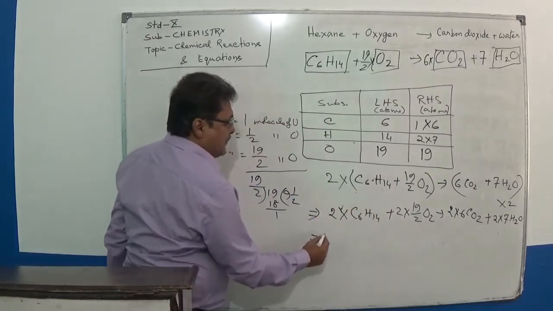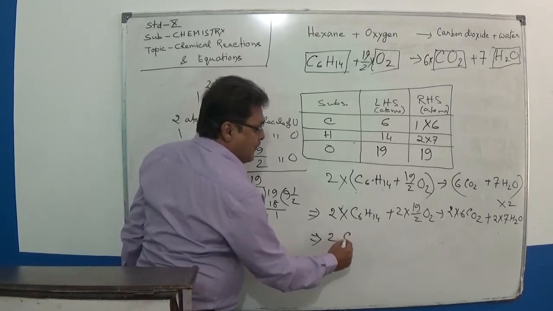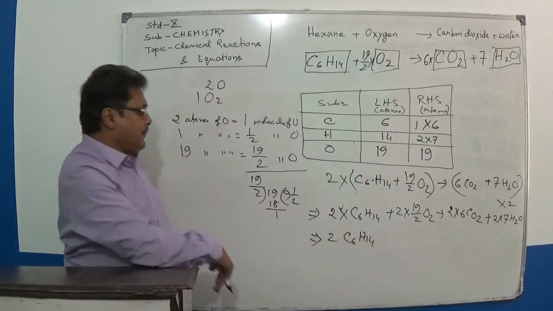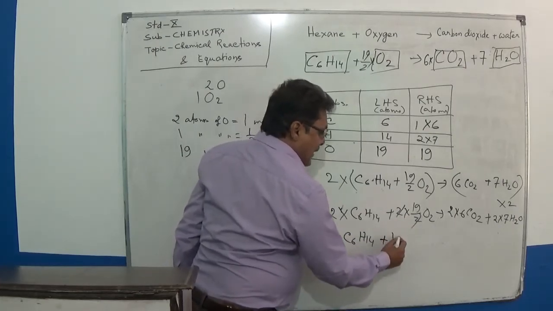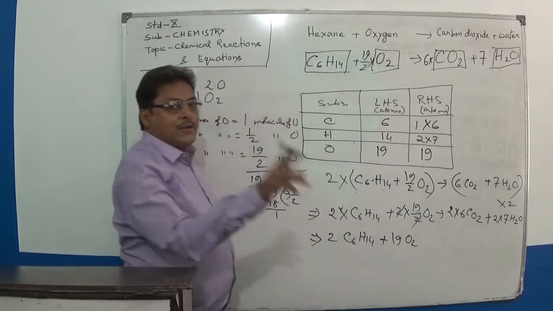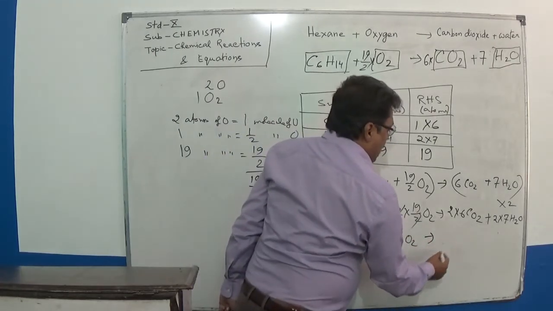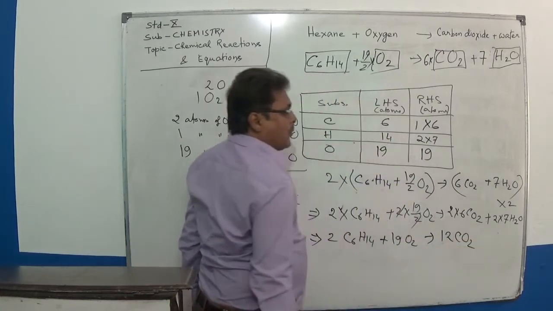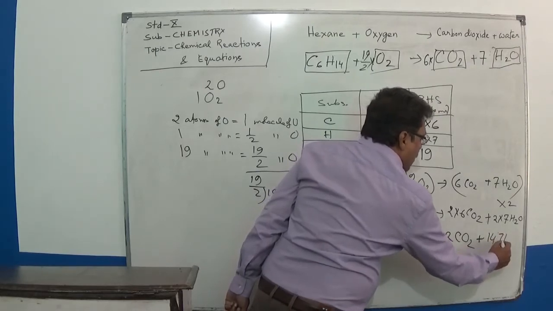What happens is, 2 molecules of hexane react with 19 molecules of oxygen, that is 38 atoms, and produce 12 molecules of carbon dioxide and 14 molecules of water.